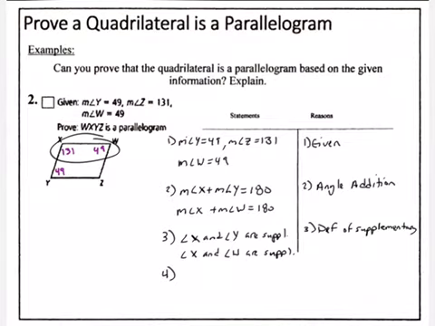From there, well, we've now showed that we have consecutive angles are congruent. Sorry, they're not congruent. Consecutive angles are supplementary. They add up to 180. So we can actually say here, because of one of the conditions, we know that WXYZ is a parallelogram.